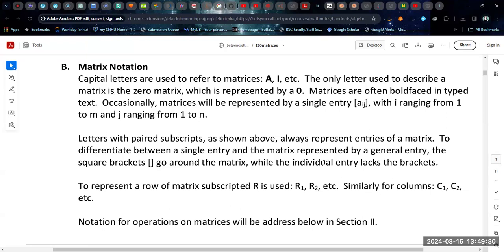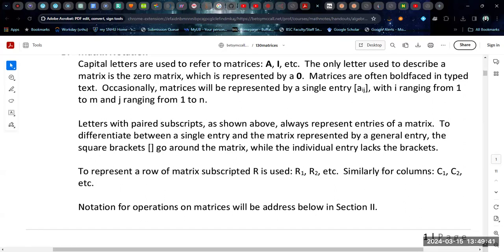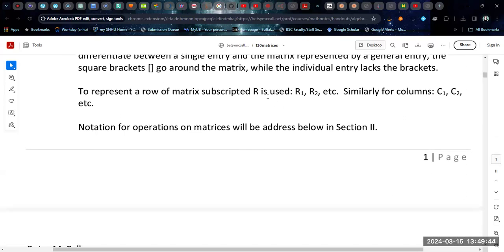Letters with paired subscripts like a11 and a22 always represent entries of a matrix. And when the two subscripts are the same value, then the entry is on the diagonal. Now, we can also describe rows or columns of a matrix.